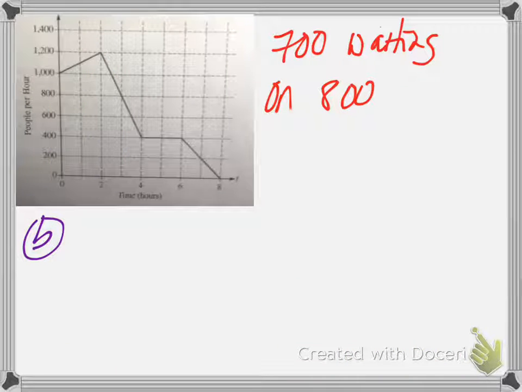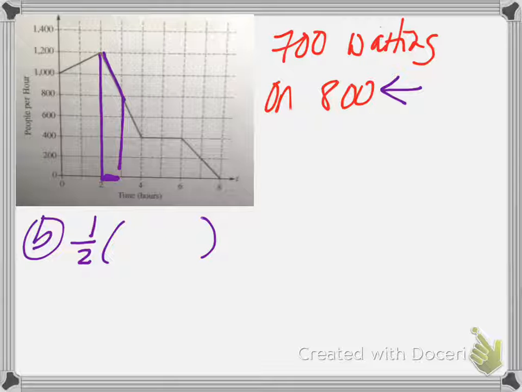Okay, part B. You have to look at the number of people waiting in line between 2 and 3, here, and decide if it's increasing or decreasing. At the very beginning I said that they can put 800 people on the ride per hour. So we have to see what's happening just between 2 and 3. Let's use the trapezoid formula.